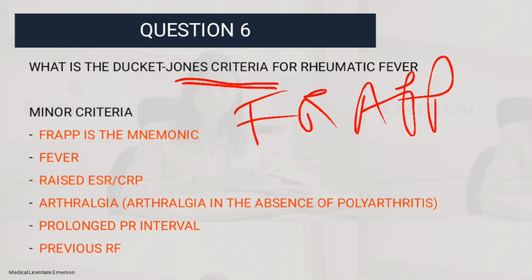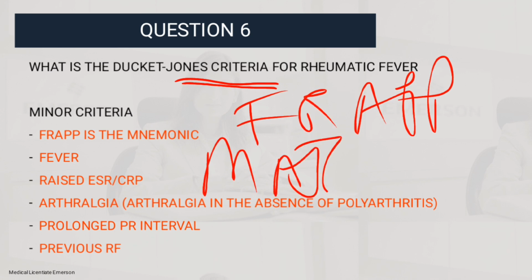Okay, if you are watching this, before we proceed to the next station, I want you to write down the diagnosis. So how do you make a diagnosis? In short, there is what we call the major criteria. How many major can you use to make a diagnosis of rheumatic fever?